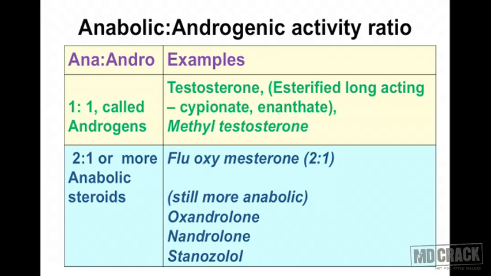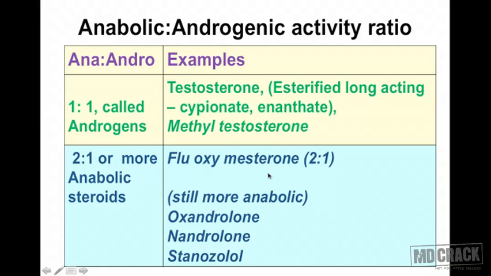Its predominant effect has become the anabolic effect, so such substances are called anabolic steroids. The question: are they androgens? The answer is yes, but they are androgens with more anabolic activity, and we call them anabolic steroids, those with an anabolic androgenic ratio of 2 or more.